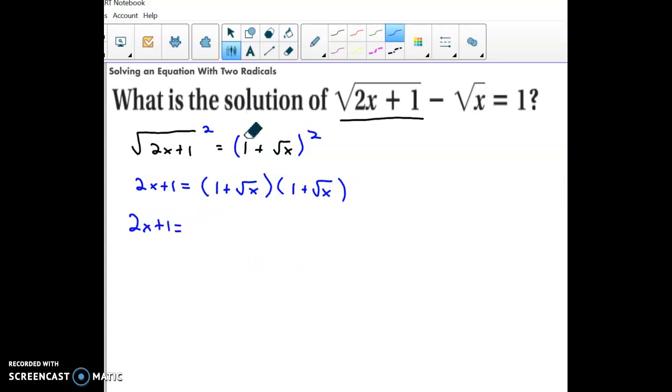And then we've got to FOIL out the other side. So multiply 1 times 1, 1 times root x, root x times 1. And then root x times root x is going to be the square root of x squared.